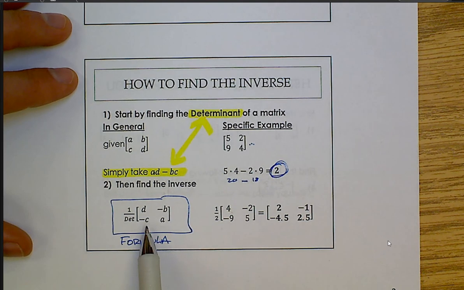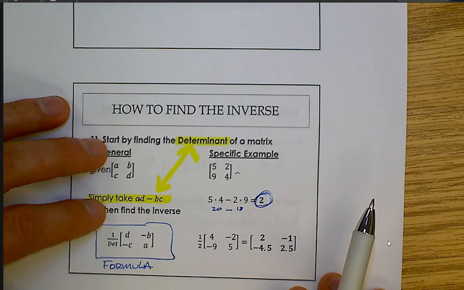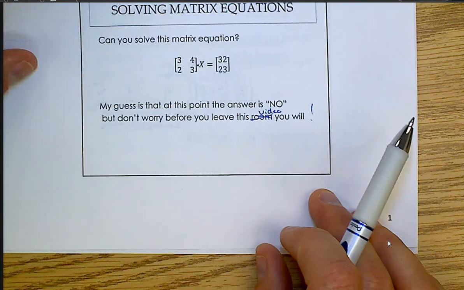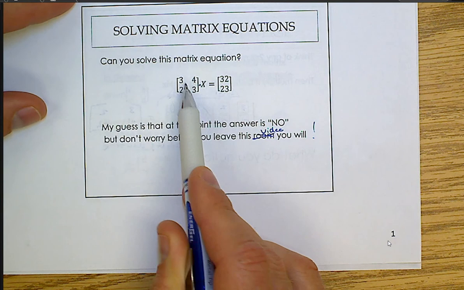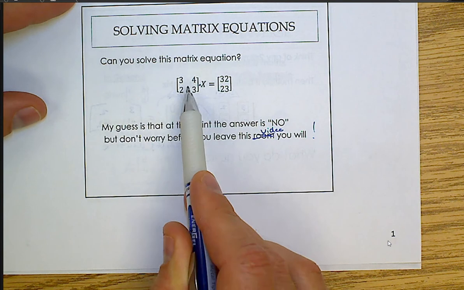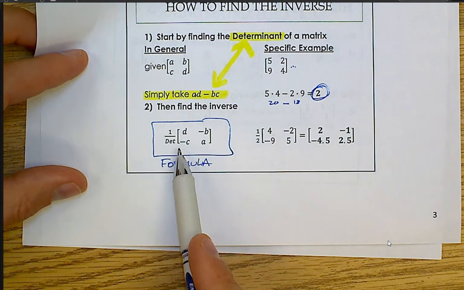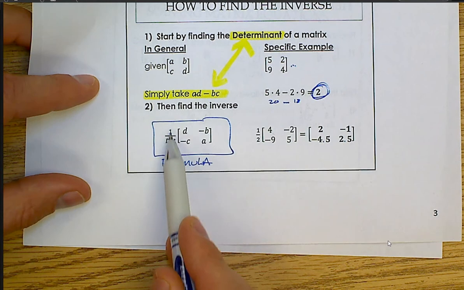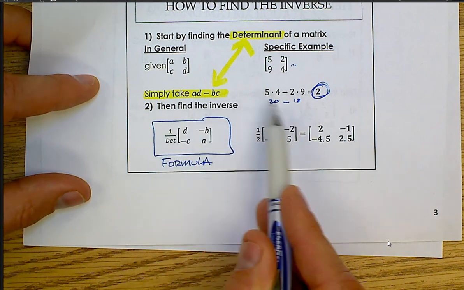So if you want to find the inverse matrix, let's go full circle here. I'm going back to this problem right here. If I want to find the inverse of this matrix right here, 3, 4, 2, 3, this is what you're going to use right here. What you would do is take 1 over the determinant. So we just found the determinant here to be 2.